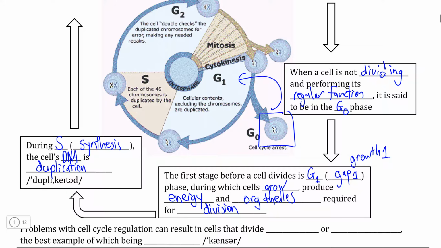And again, the job of the synthesis phase is to take all of the DNA that exists in your cell, so the 2 sets of 23 chromosomes that you have, and double them so that you have enough DNA not just for a single cell, but for a second cell that we are going to make at the end.